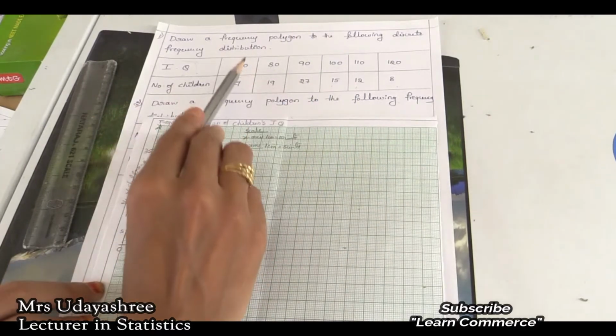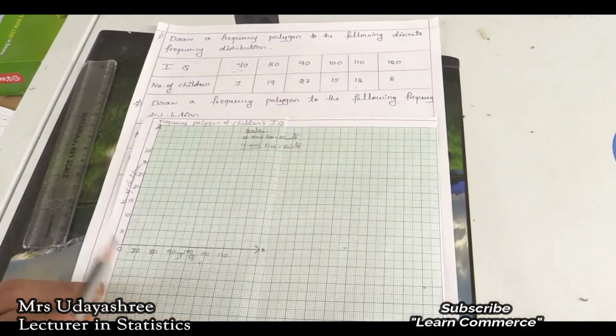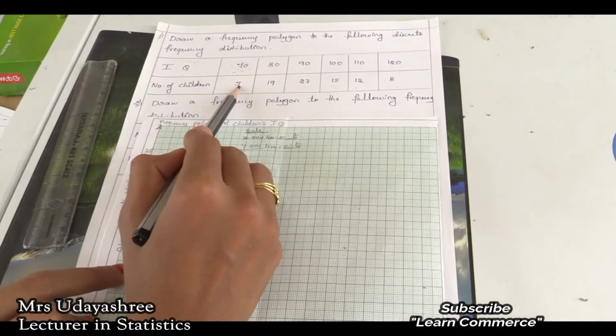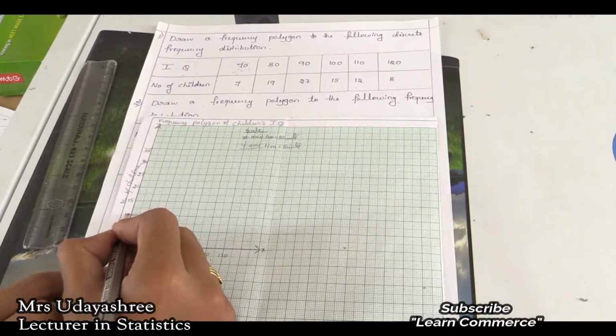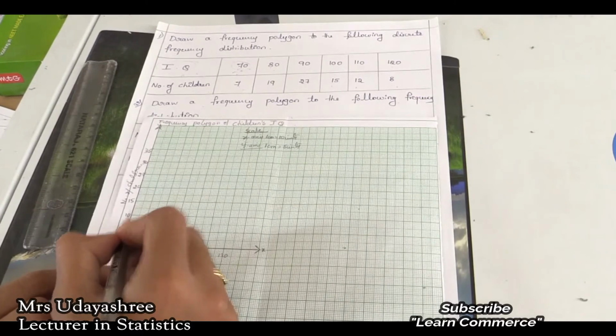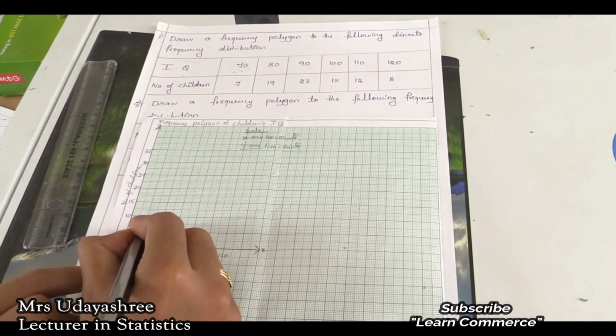See the first observation, 70. The corresponding frequency is 7. 5 is here, 10 is here, so the middle value is 7.5. So 7 comes here, and I will plot one dot like this.